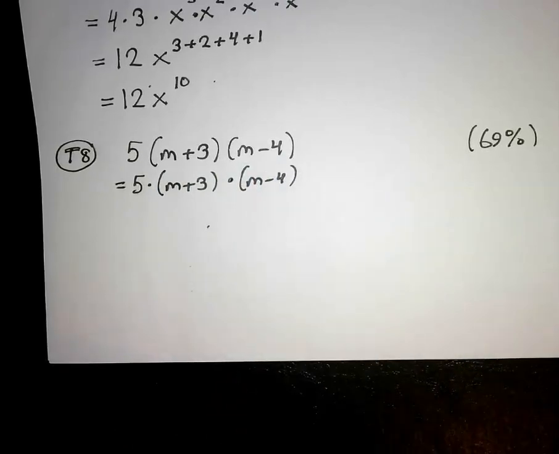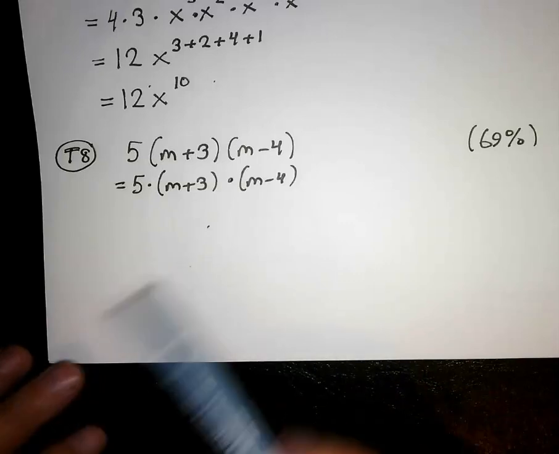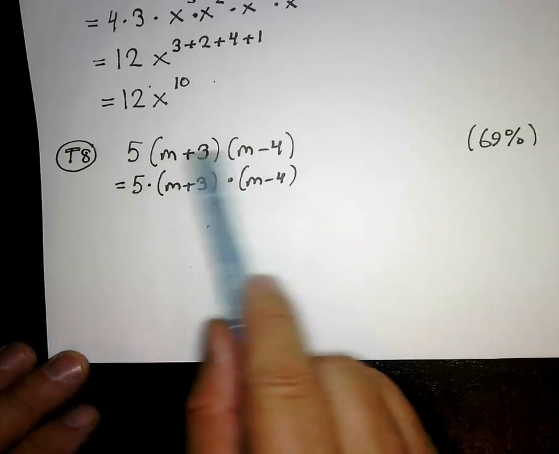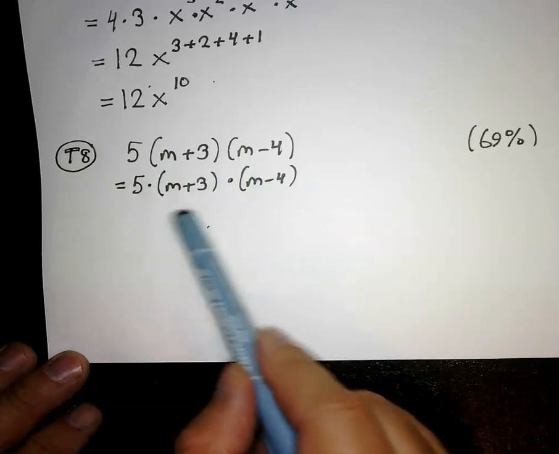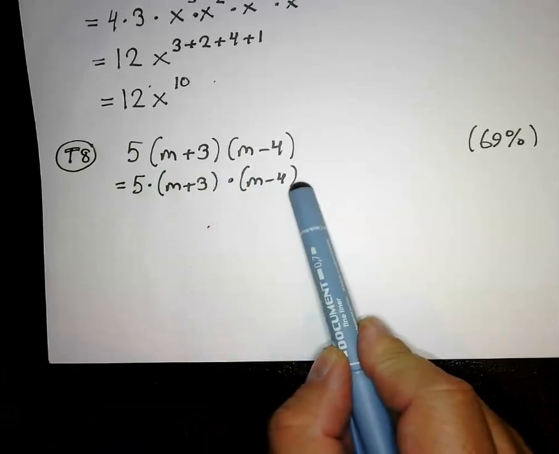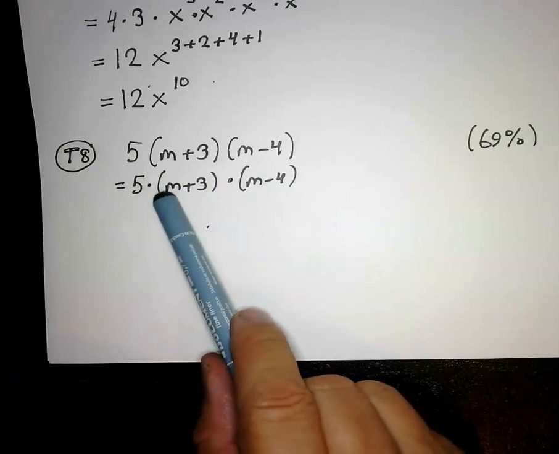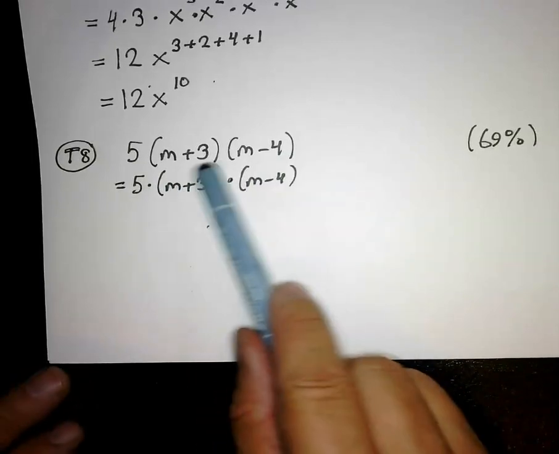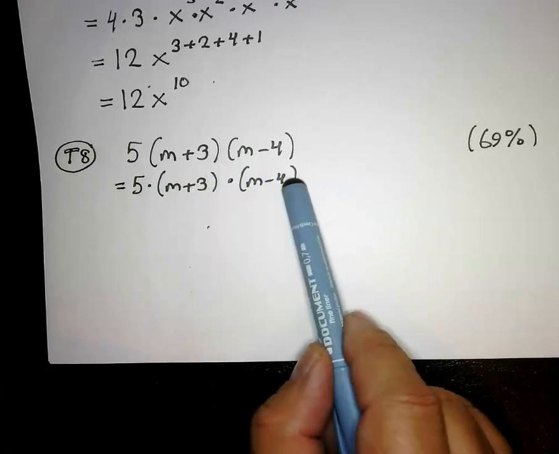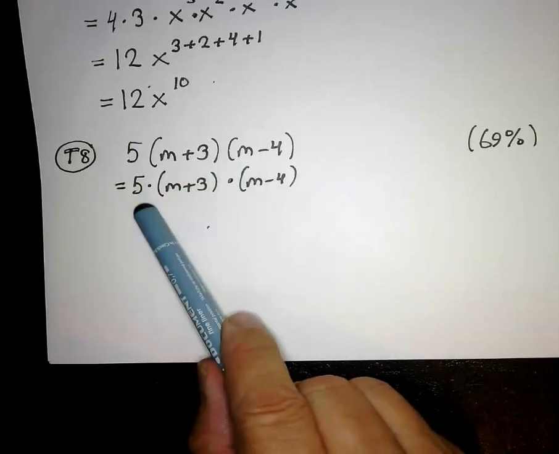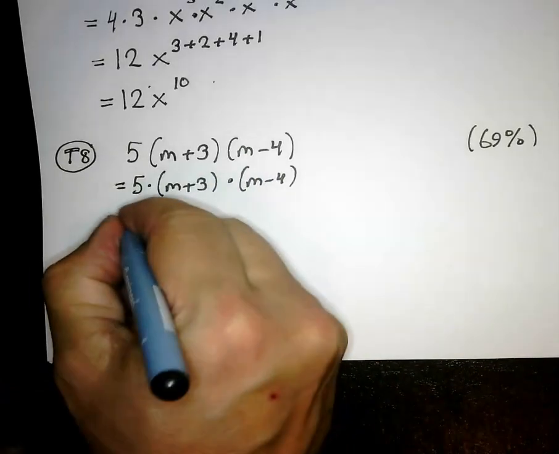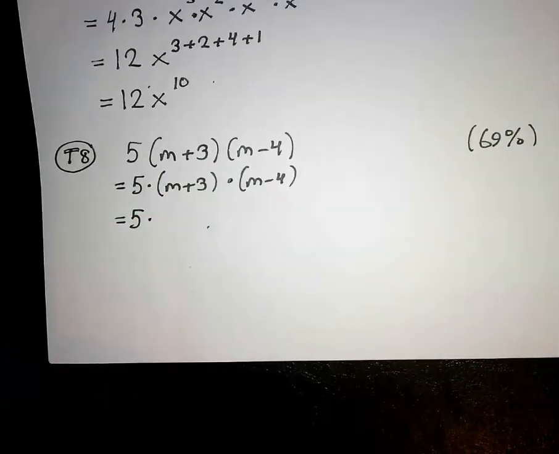They are multiplied, and the order of the multiplication, you may choose it freely. So for me it is easier to make first this multiplication, and then when I have the result of this, I will multiply that expression by 5. I think it is easier for me at least.